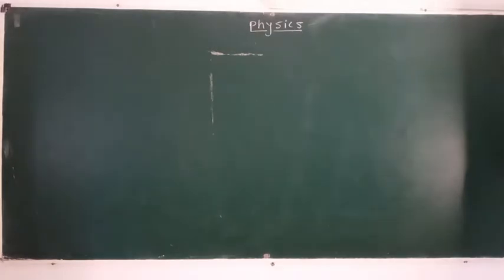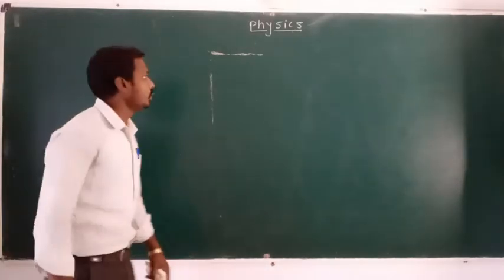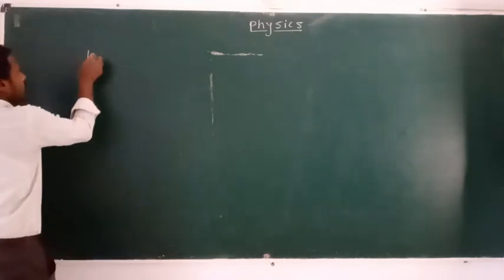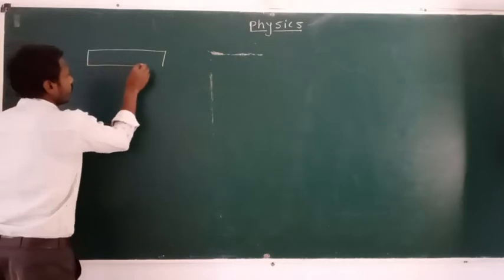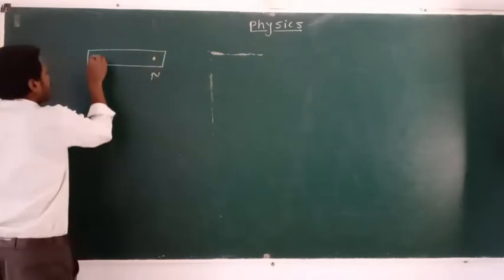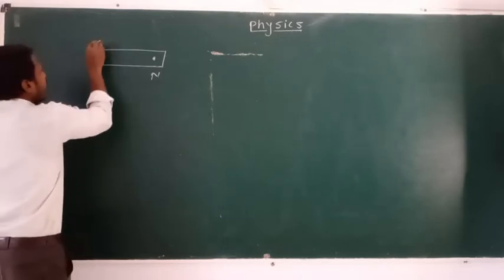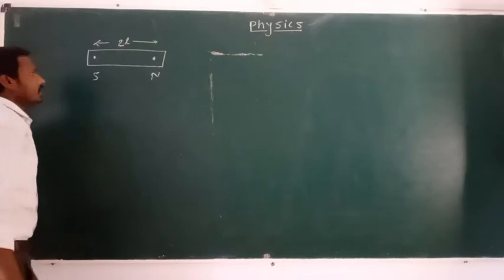Now we are going to discuss some basic points regarding the dipole. Consider this is the bar magnet. Here is the north pole, here is the south pole, and the distance between the poles is called the dipole length.